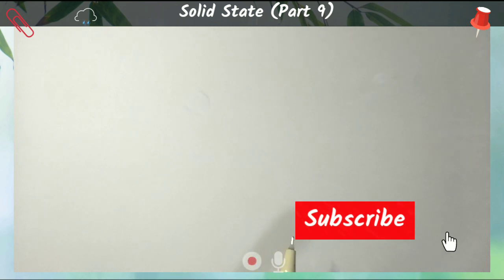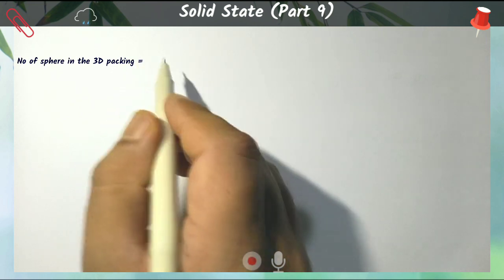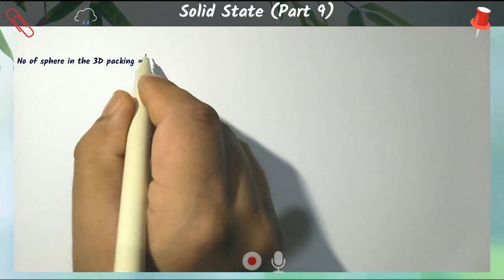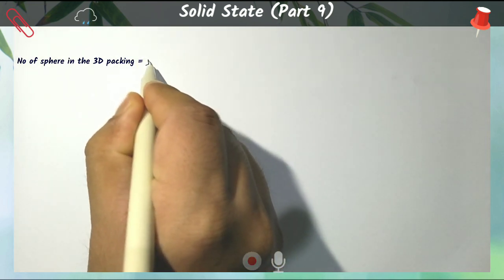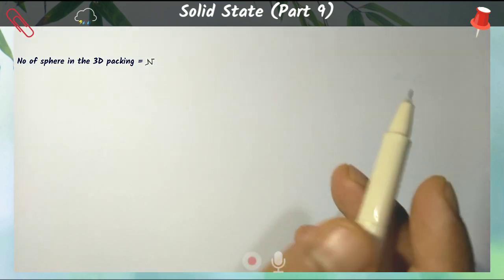In the previous class we discussed 3D packings, and from that concept we get two types of voids, which are the tetrahedral voids and octahedral voids. We also came to know that if the number of spheres or atoms present in that 3D packing is n, then the number of octahedral voids will be the same, n.